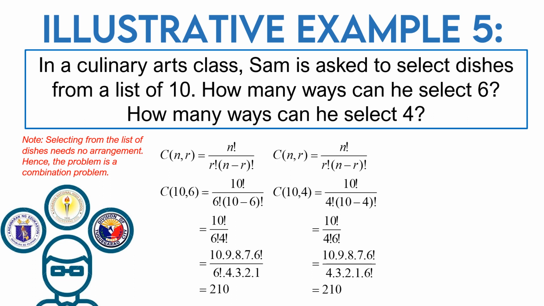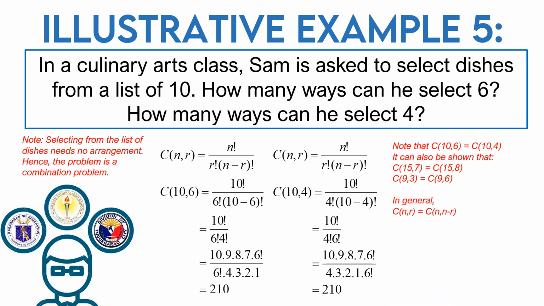When you expand it, that gives us 10 times 9 times 8 times 7 times 6 factorial over 4 times 3 times 2 times 1 times 6 factorial. Both 6 factorials in the numerator and denominator cancel out, and that gives us an answer of 210 as well. Now notice, class, that the answers for combination of 10 objects taken 6 at a time and combination of 10 objects taken 4 at a time are the same. They have the same answer of 210.